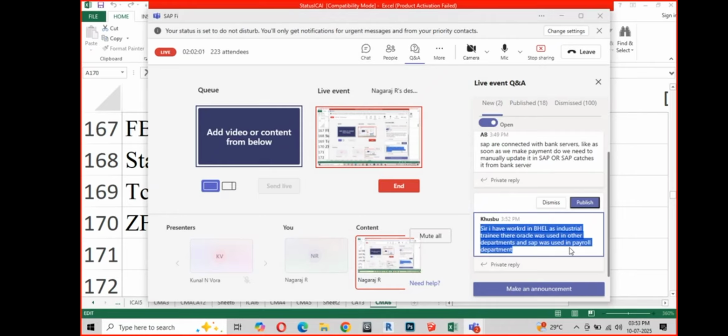Now, this is an interface. There was Oracle using another and SAP was used by the payroll department. So finally, when you want to consolidate, there has to be some interface. Clear? So we use a lot of interfaces based on the project requirements. So this could be one of the typical examples. And I said, just wait for this.